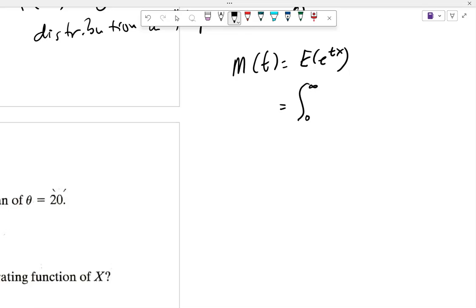So waiting time cannot be negative, but it could go on forever. So we do e to the tx times 1 over theta, e to the minus x over theta. That's our PDF.